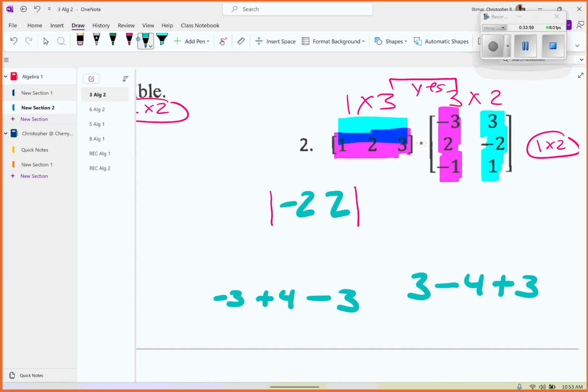Whew, that's my answer. Down below is the work. I had to do the math. Sorry, I couldn't do it in my head. Did you get this answer?